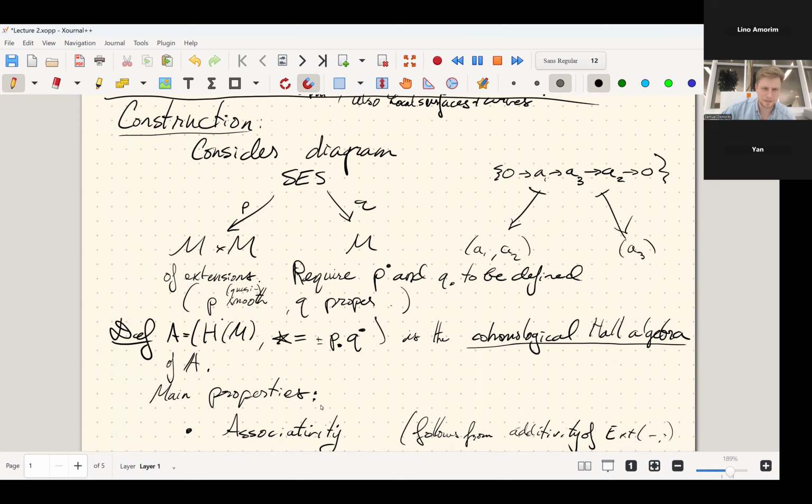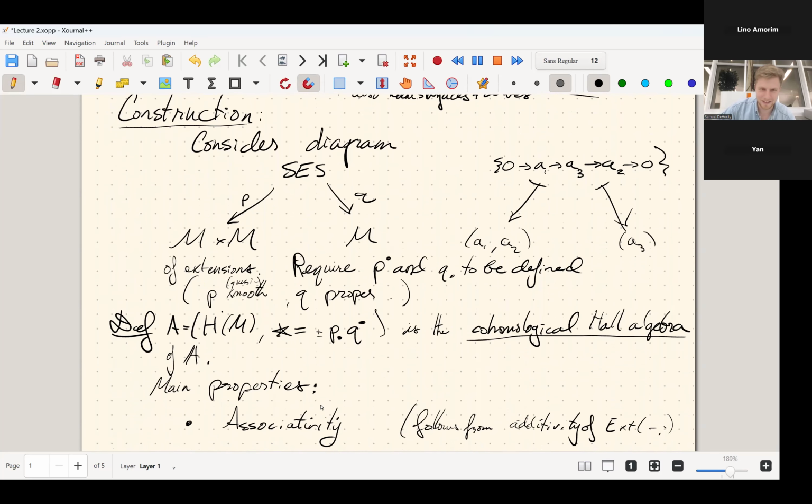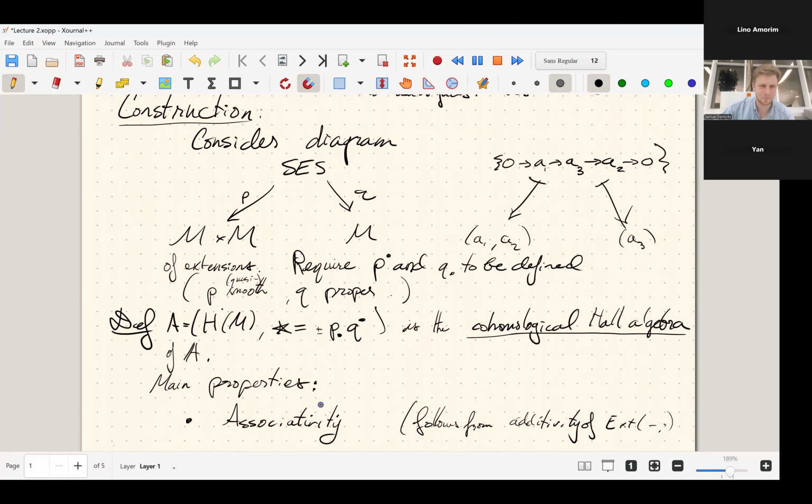It does feel a little bit silly explaining this to Jan, but we start with a correspondence of stacks, in which we take the stack of short exact sequences, which maps to two copies of the stack on one side, giving the first and third term in the sequence, and on the other side it maps to the middle term.